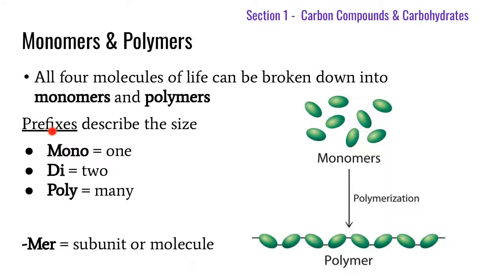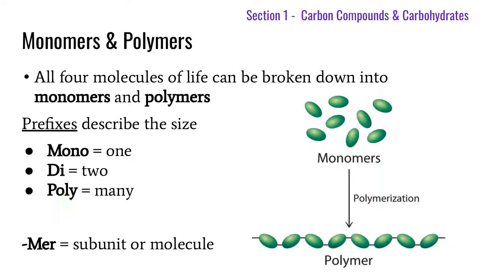It's all about the prefixes here because the prefix describes the size. Mono means 1. Like if someone has a monobrow, it means that they have 1 brow. Sometimes we say that's a unibrow, right? Di means it has 2 sides to it, or it has 2 parts that make it up.